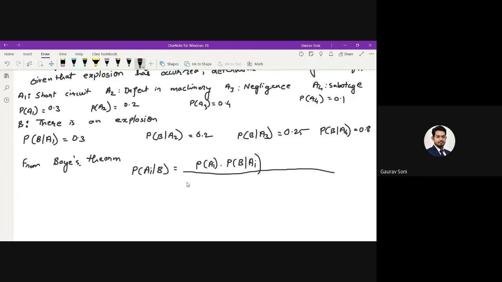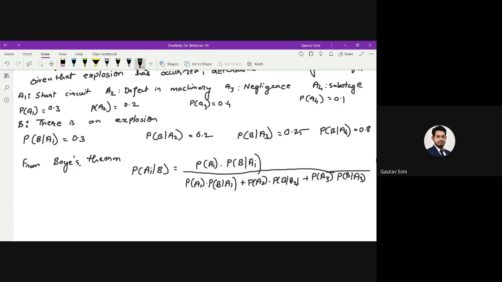Remember, in terms of intersection, that will be better. Probability of A1 into probability of B when A1 has occurred, plus probability of A2 into probability of B when A2 has occurred, plus probability of A3 into probability of B when A3 has occurred.